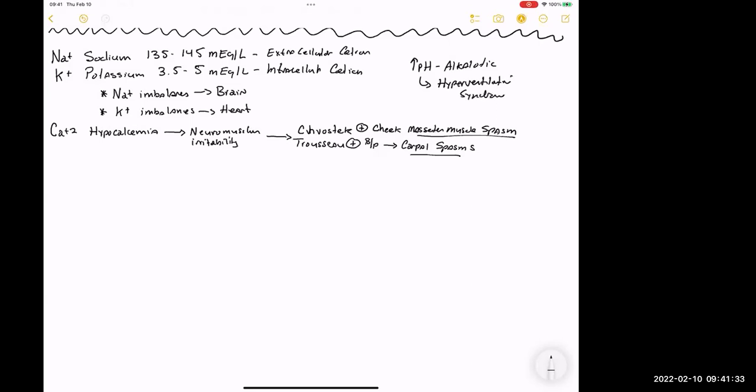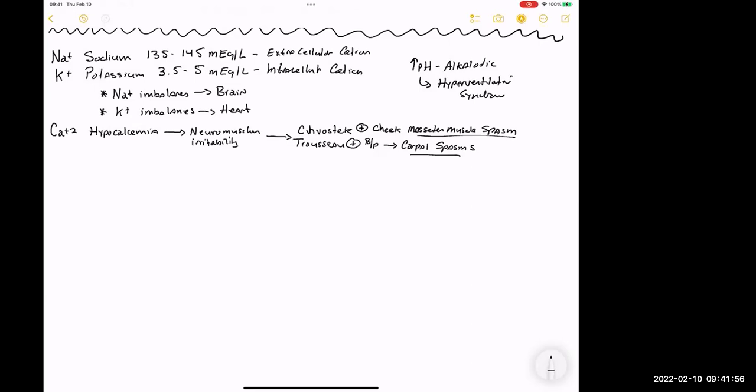You can get carpal spasms, but you also get them in the setting of hypocalcemia. So if we see these things, this suggests that somebody has life-threatening hypocalcemia. We're not really going to focus on the treatment so much today, just talking about some of your imbalances.